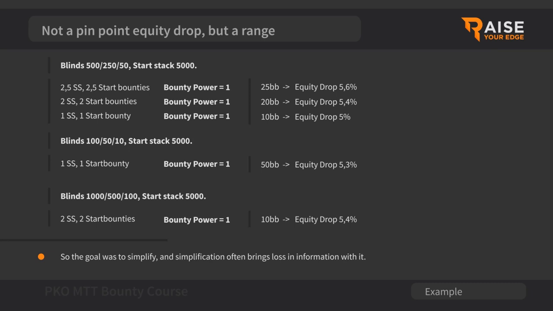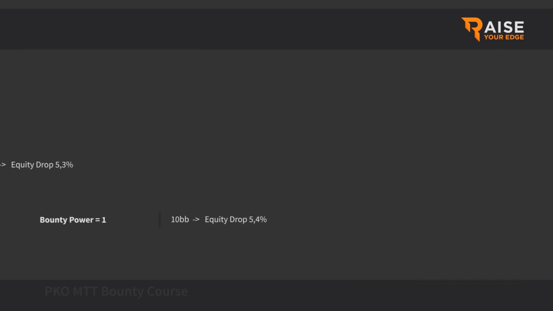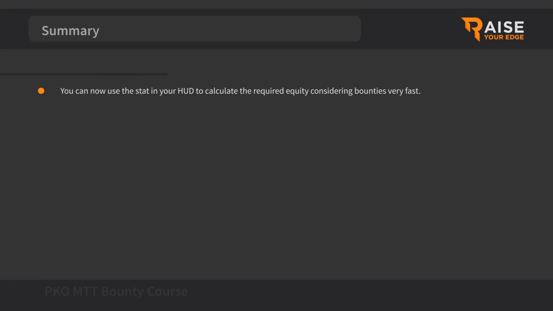So let's sum up what the bounty power stat can do for you and how you should use it. You can use the stat in your HUD to calculate the required equity very, very fast when you consider the bounty influence. And with the color coding, you will see directly which influence the bounty should have on your decision.